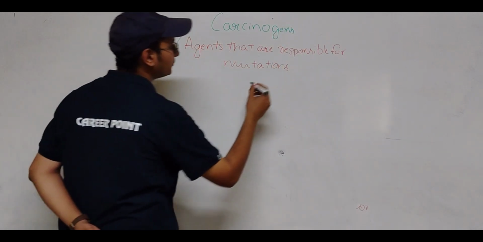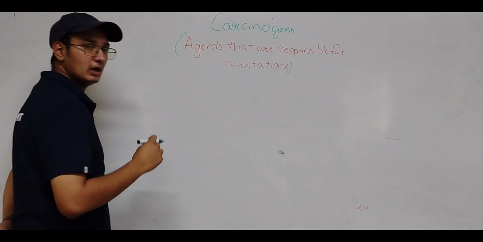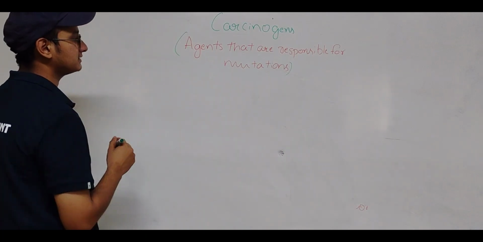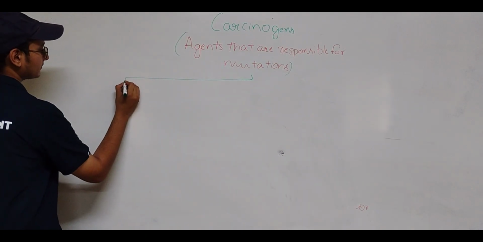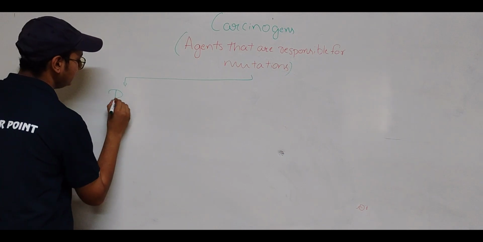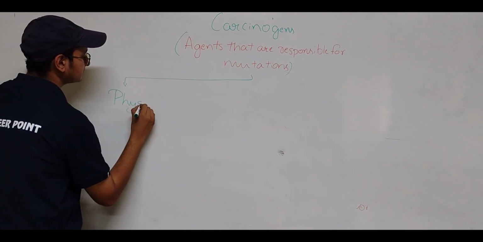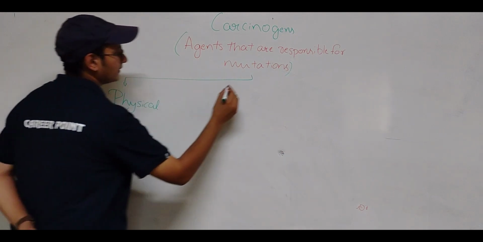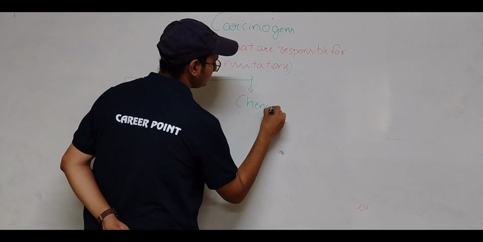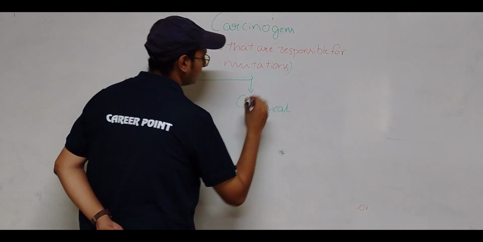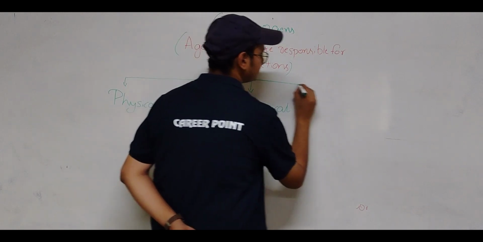Agents which cause mutations and which lead to cancer are known as carcinogens. So these are basically three types: physical, chemical, and biological.